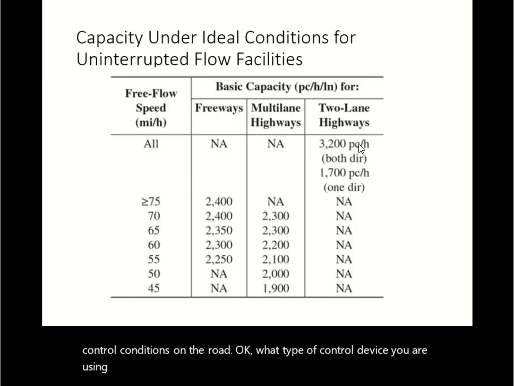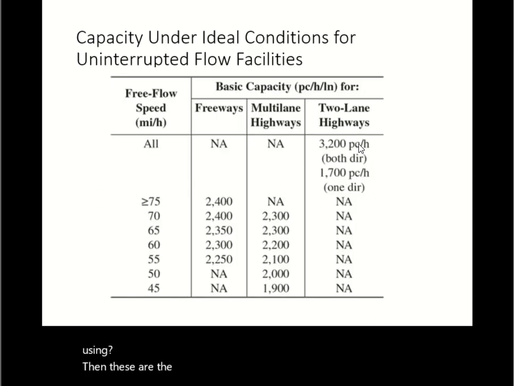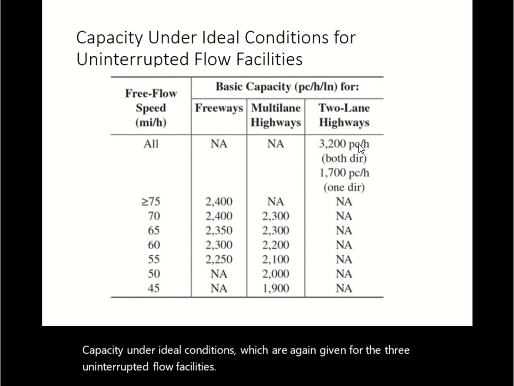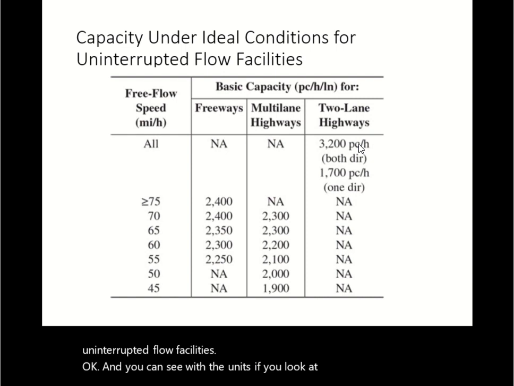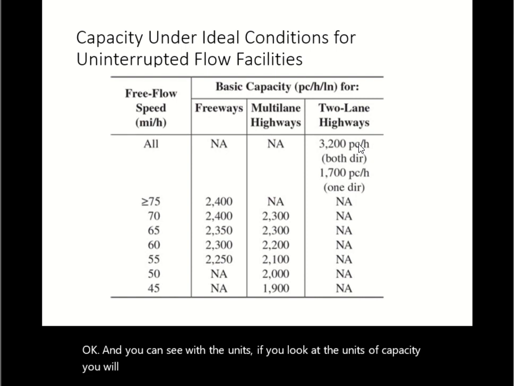Then these are the values of capacity under ideal conditions, which are given for the three uninterrupted flow facilities. If you look at the units of capacity, you will see PC per hour per lane. PC is passenger cars per hour per lane.